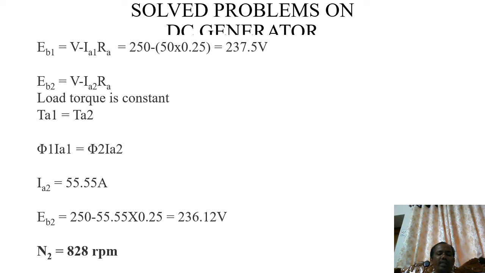So phi1 IA1 is equal to phi2 IA2. IA2 is 55.55 amps, EB2 is 236.12 volts. Then substituting all these values in the above equation, you will get N2 is equal to 828 rpm.